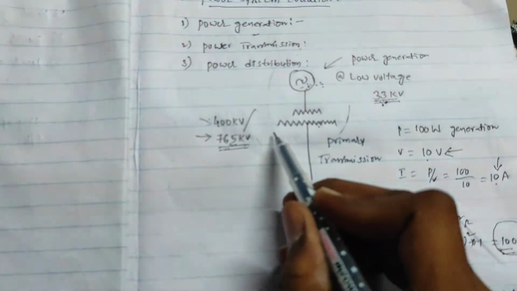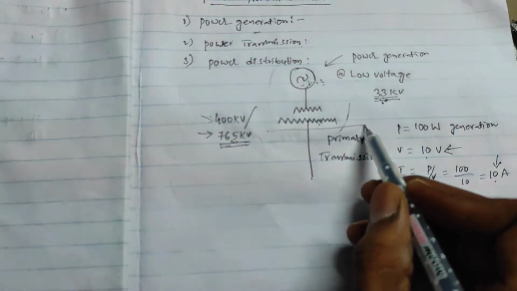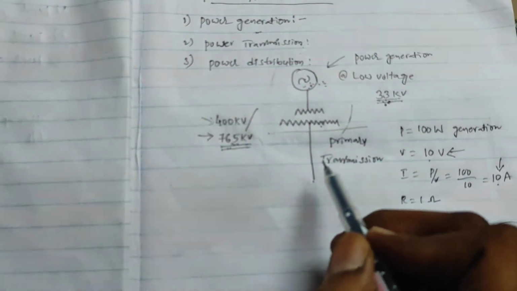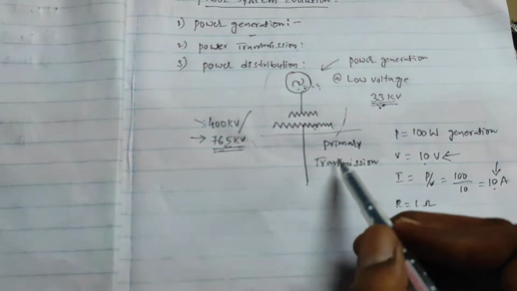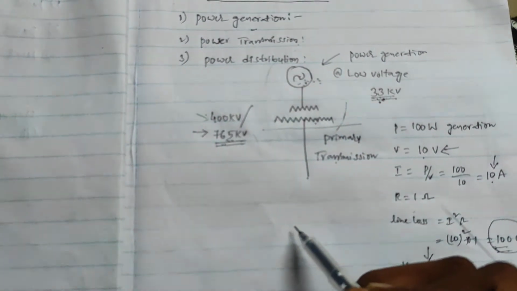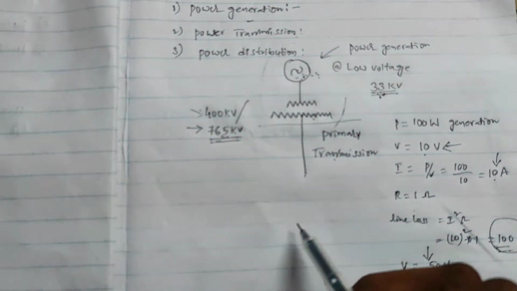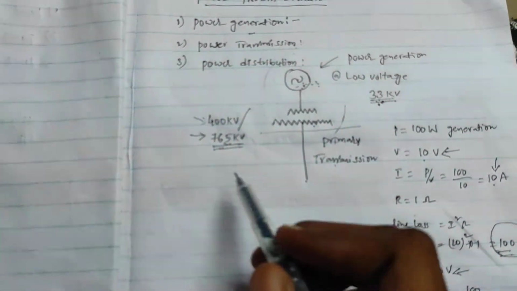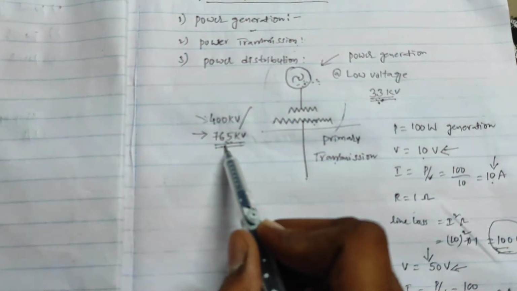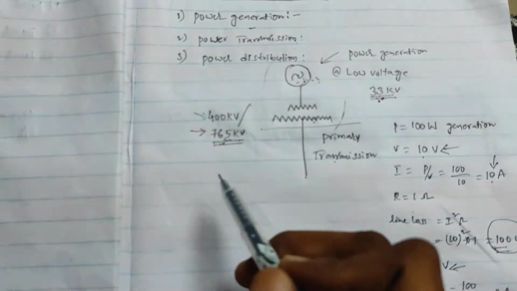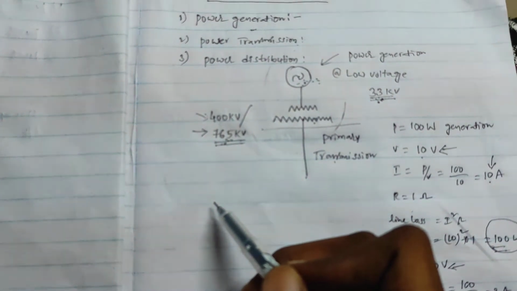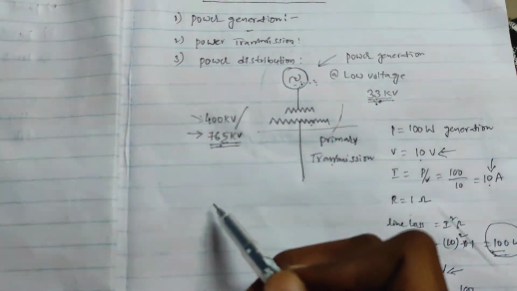Just after the generating stage ends, the primary transmission starts, and from this primary transmission the high voltage power will be stepped down to reasonable voltage levels.